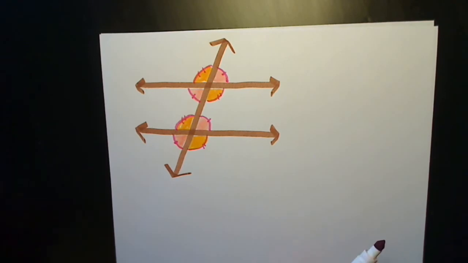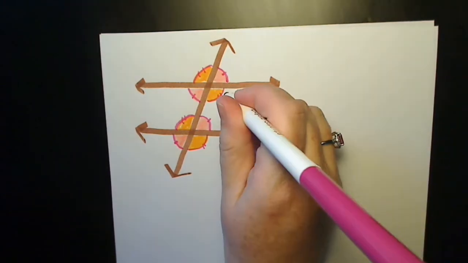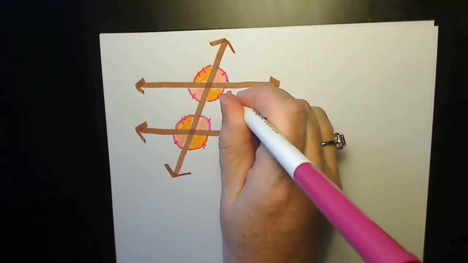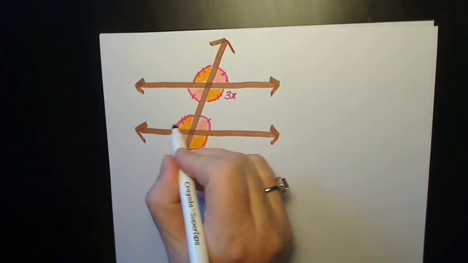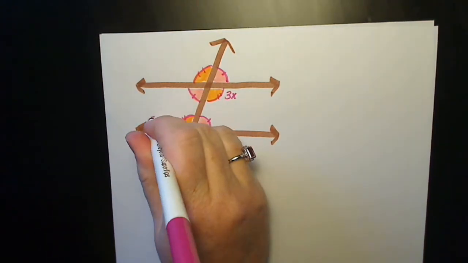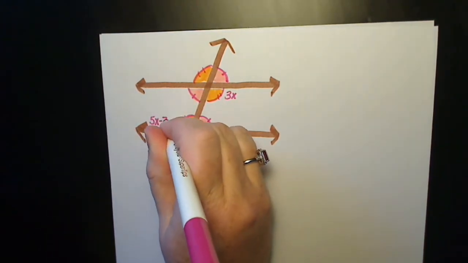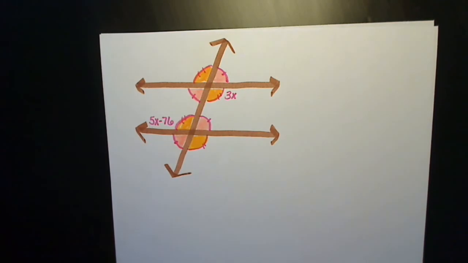Okay, so let's look at an example of a problem. And so let's say that I have 3x is this angle right in here, and then this angle over here is 5x minus 76, and I'm going to solve for x.